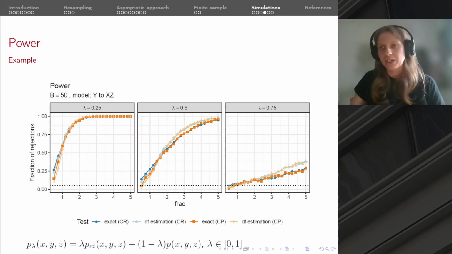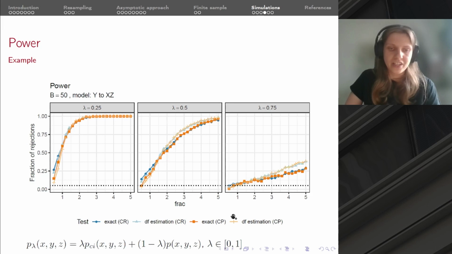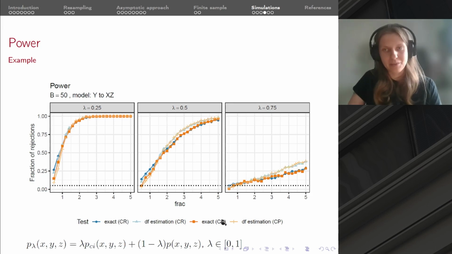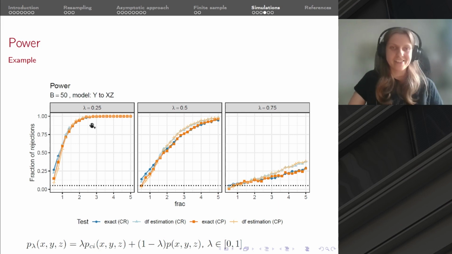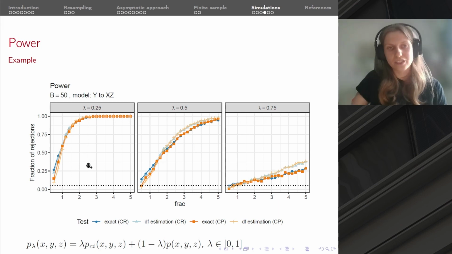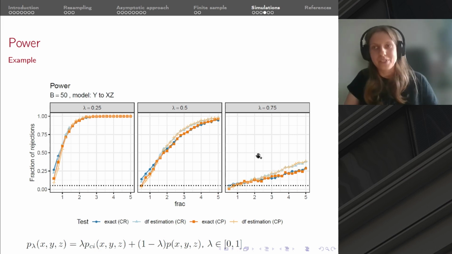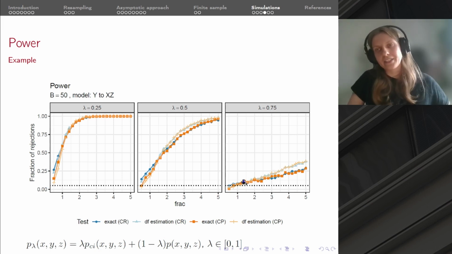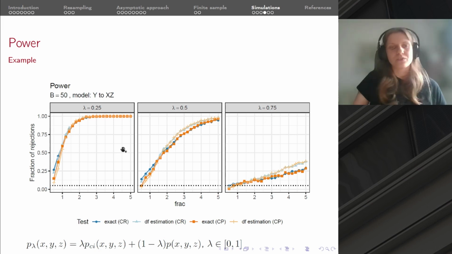And here is the power of our procedures, both for conditional randomization and conditional permutation scheme. The strongest dependence is on the left, the weakest dependence is on the right. So the power is also smaller here, but we can see that we can detect the dependence between the variables.